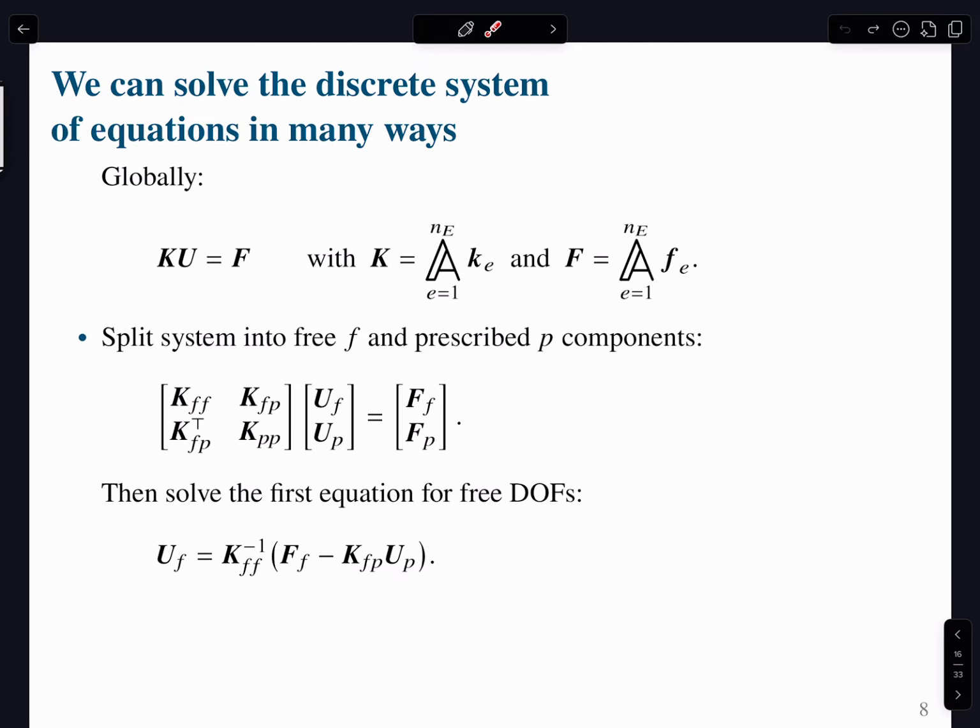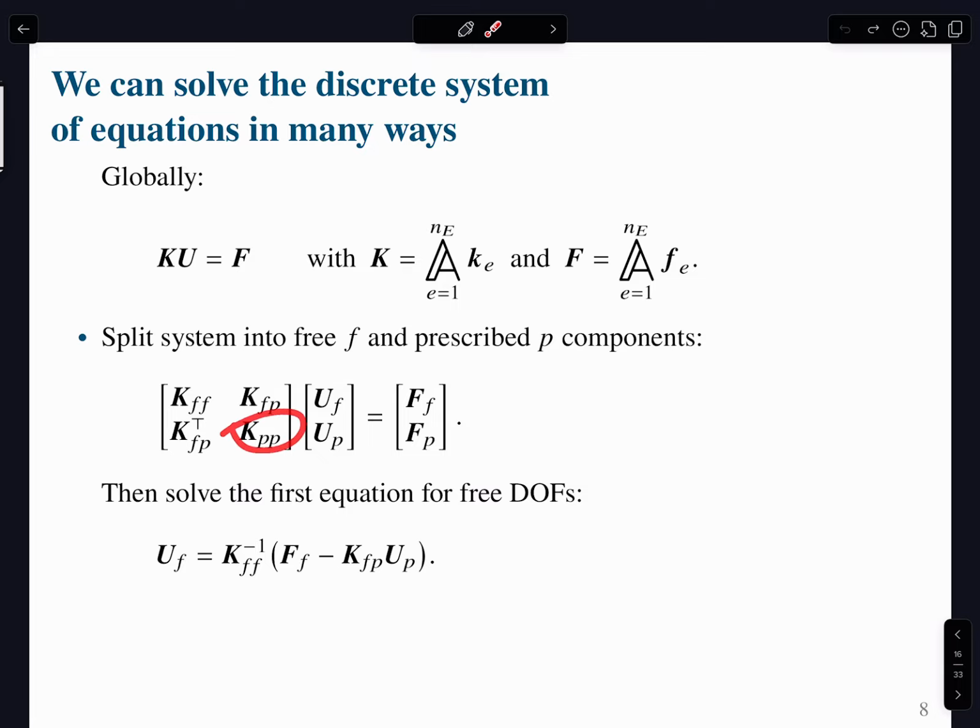And so you can have two ways to solve this. You can either decompose your system into free and prescribed degrees of freedom. Here you have, for instance, this KFF, which is the free part of the matrix. All the degrees of freedom that are not prescribed are the free degrees of freedom.